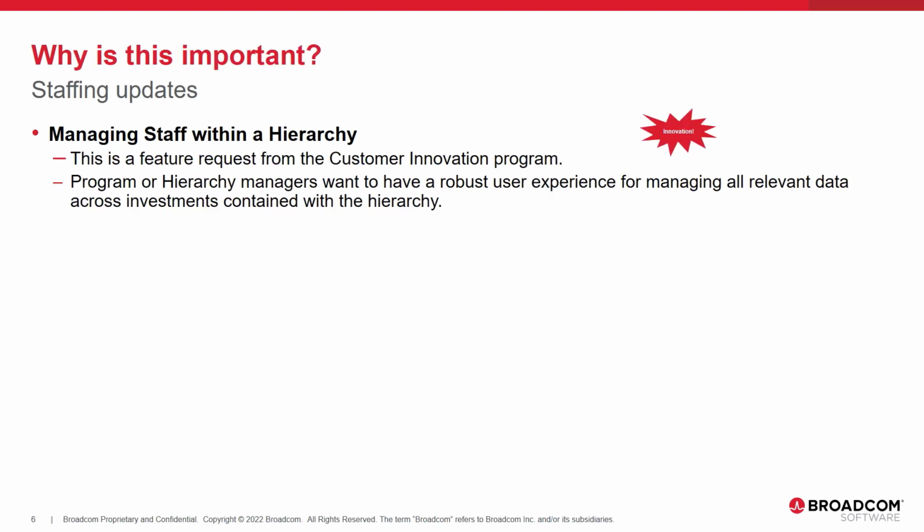Requested through the Customer Innovation Program, this new update is important for managers to have a robust user experience for managing all relevant data across a group of investments in one place.